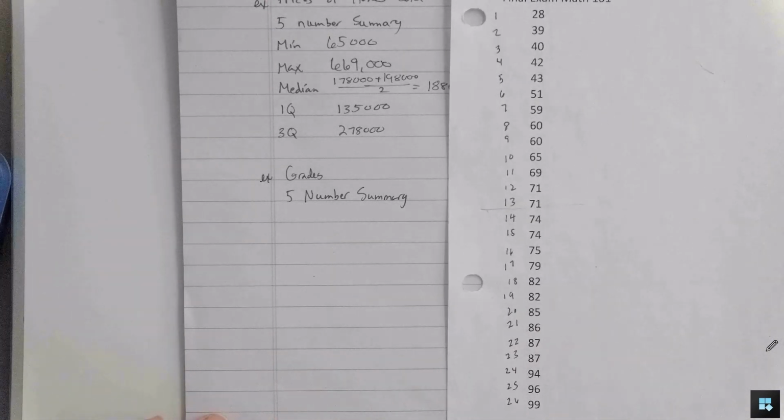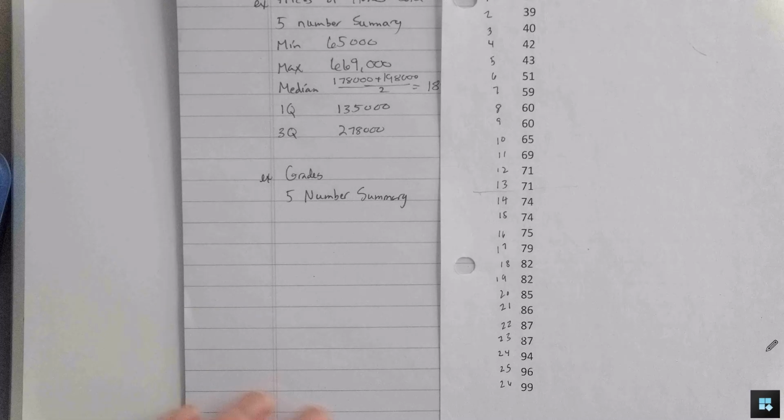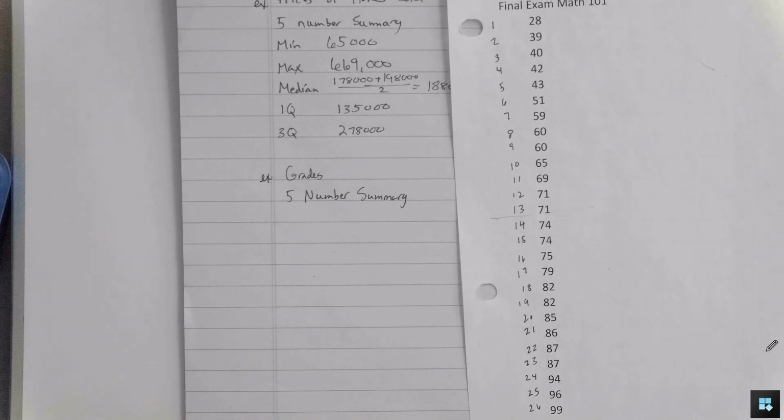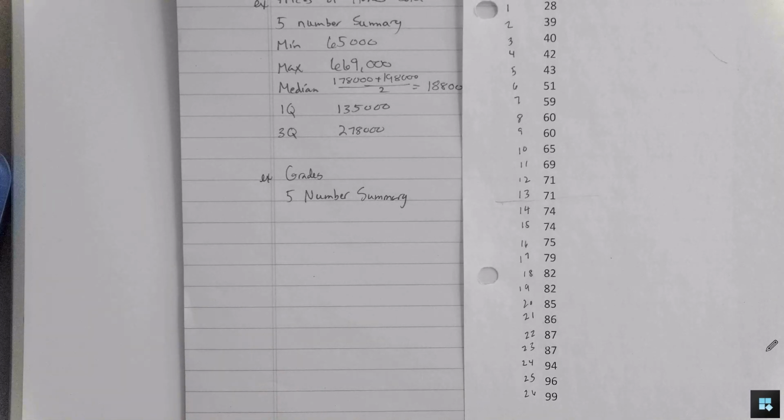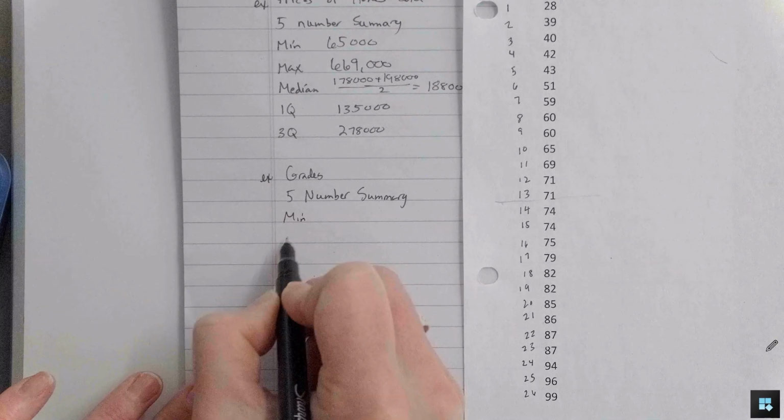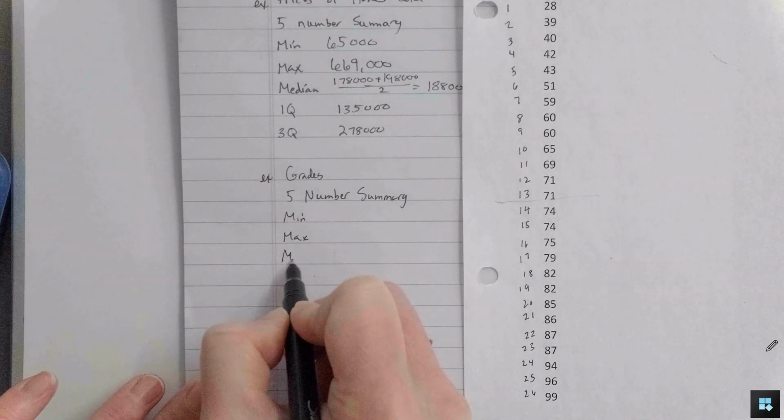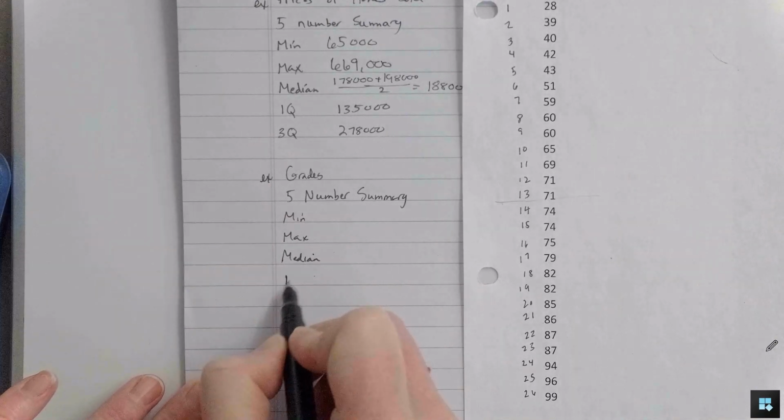Can you try and find that yourself, please? Because that is a little bit hard, and I'd like to make sure you know how to do that. There's 26 values, all listed in order. We're looking for the min, max, median, first quartile, third quartile.